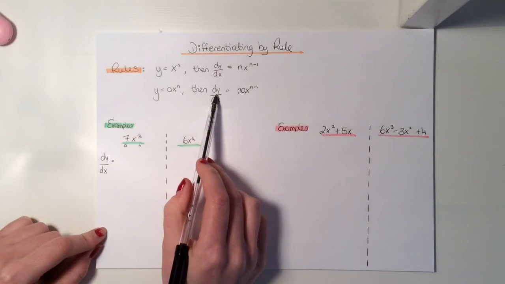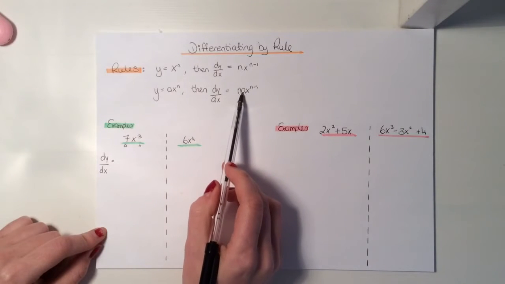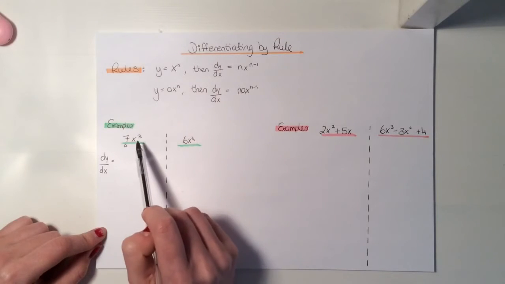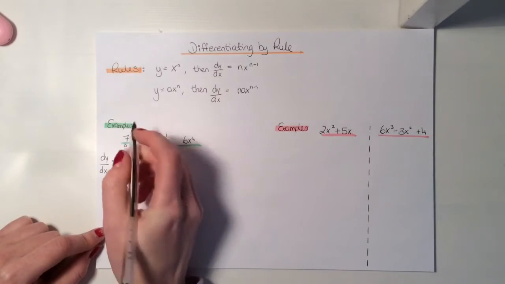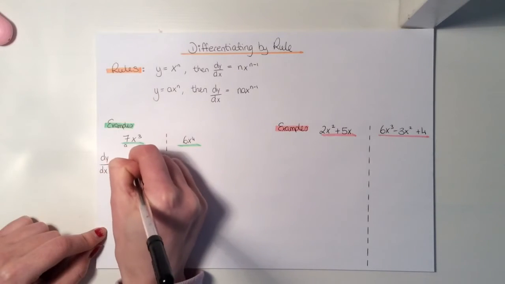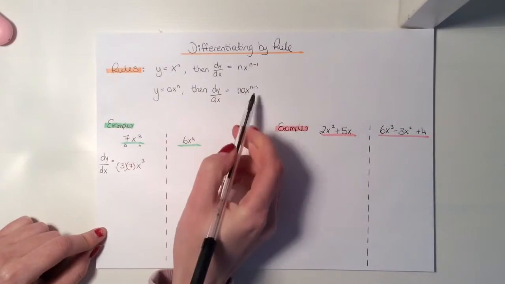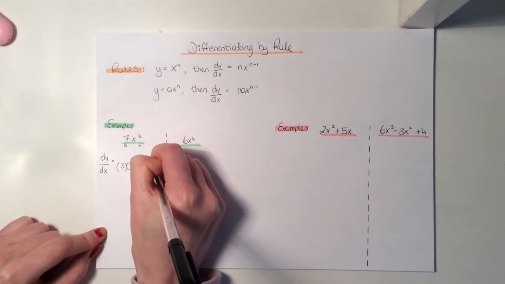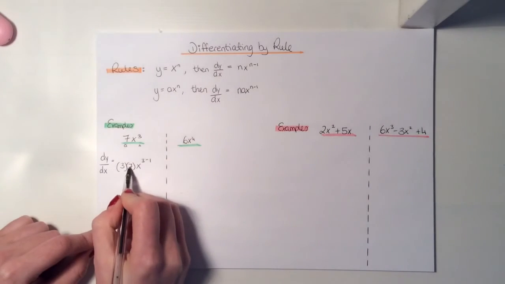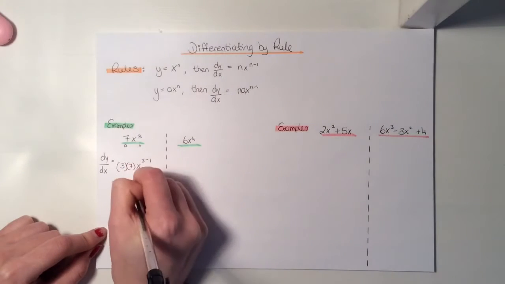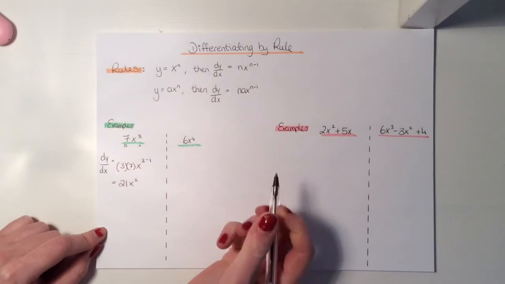To get your derivative, you multiply your a by n and minus 1 from your power. So you're going to say 3 times 7x, and then minus 1 from your power. So 7 times 3 is 21, 3 take away 1 is 2.